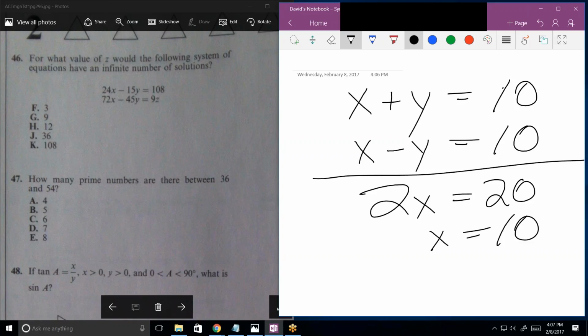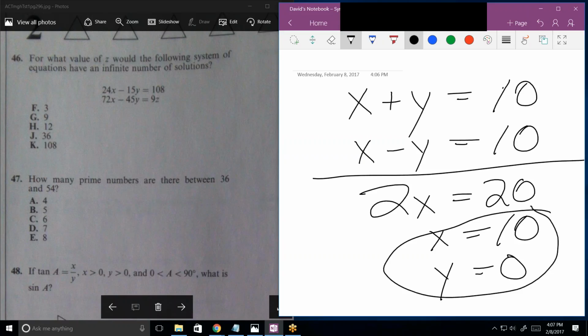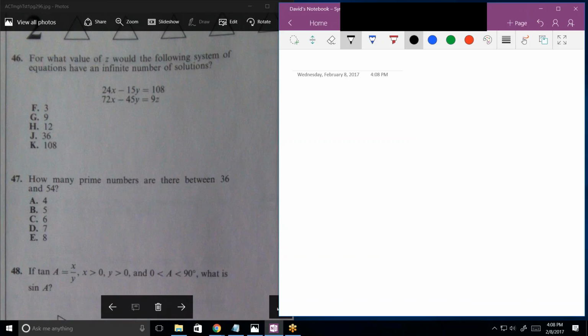Well, if x equals 10, y has to equal 0. That is one solution. In other words, I have two equations, two unknowns, and they're different equations. One is not just a multiple of the other. Whenever you have that, you're going to have one solution only. Okay, what if I had this?